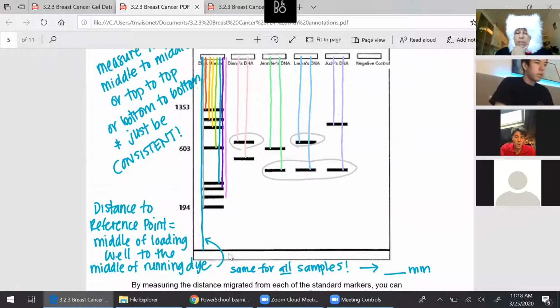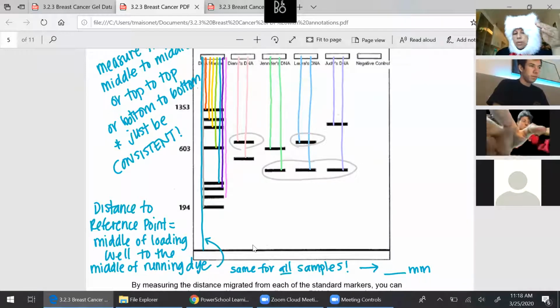The reference point is this dark black line at the very bottom. That's basically where the loading dye from your different samples moved down. If you recall from running a gel, there's usually a dark blue or purple line at the front to show you how far it's run so far. So that's your reference point.